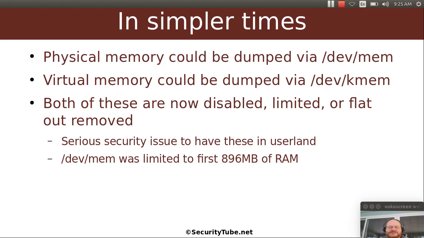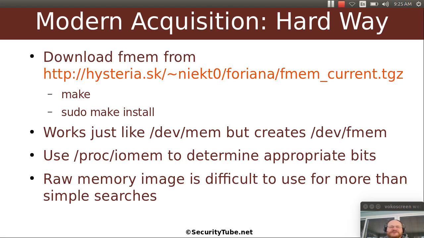Now, if you're running a 64-bit Linux, there's absolutely no chance that you can use these devices. So what are you going to do? Well, the hard way. You can acquire memory images from a modern system is to create a new device that acts just like the old mem device.